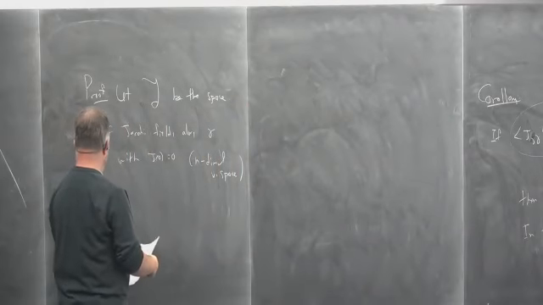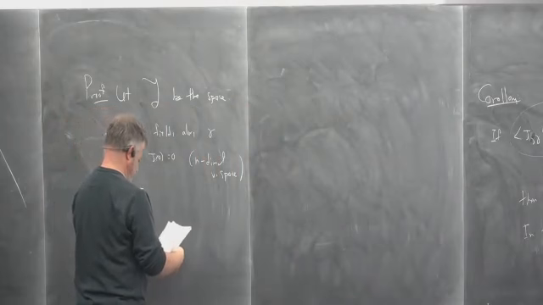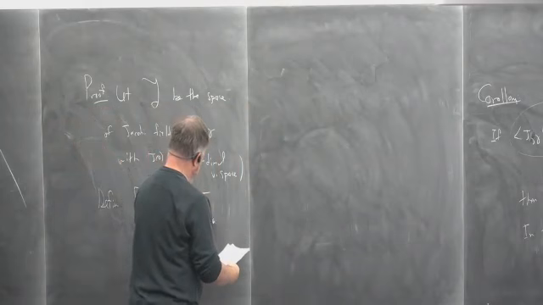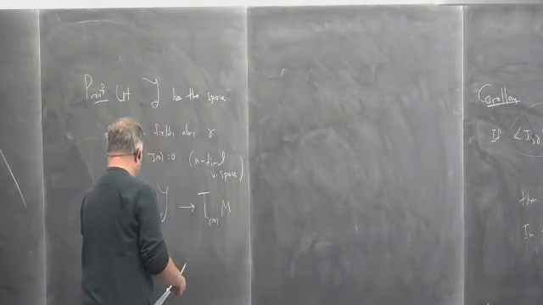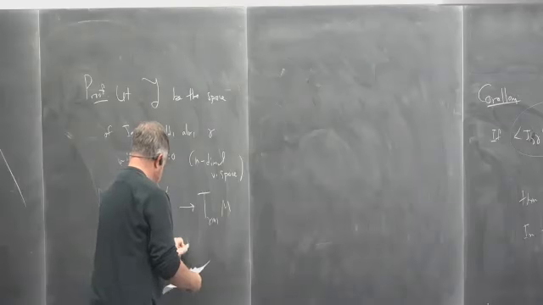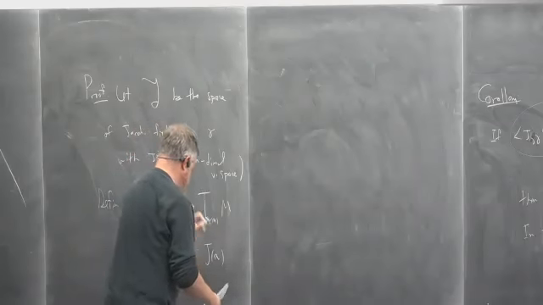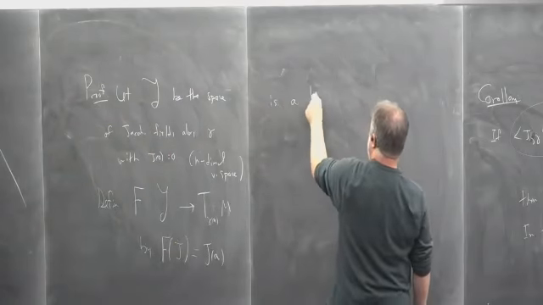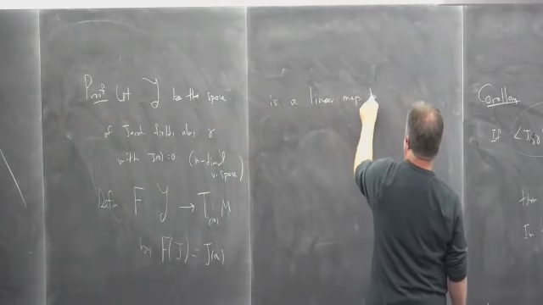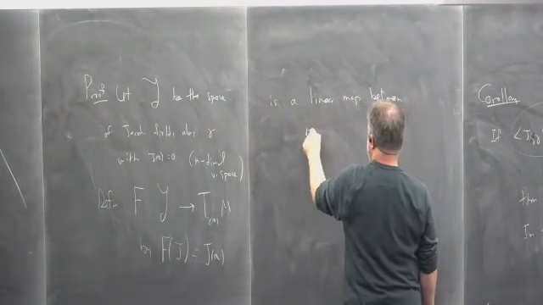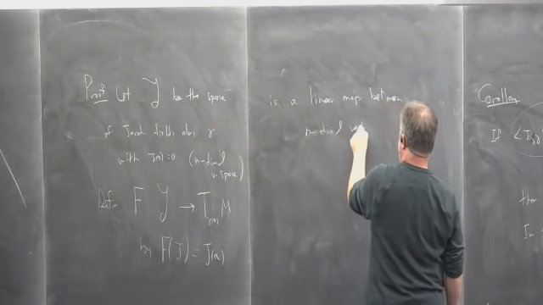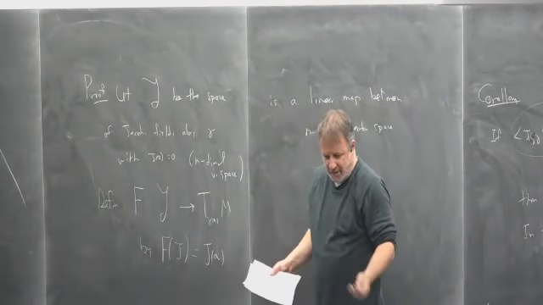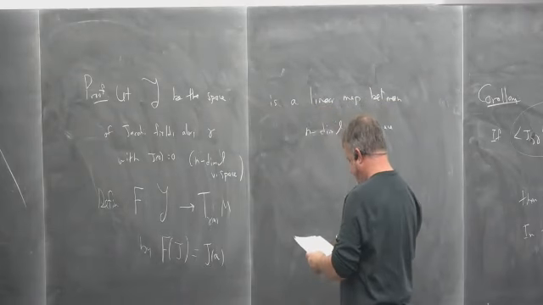Okay, and let's define a map capital F from this space to the tangent space at gamma of A of M by F of J is just evaluation at A, the evaluation map. So this is a linear map between n-dimensional vector spaces, right? If I evaluate J1 plus J2 at A, I get J1 at A plus J2 at A. Similarly, for a multiple.